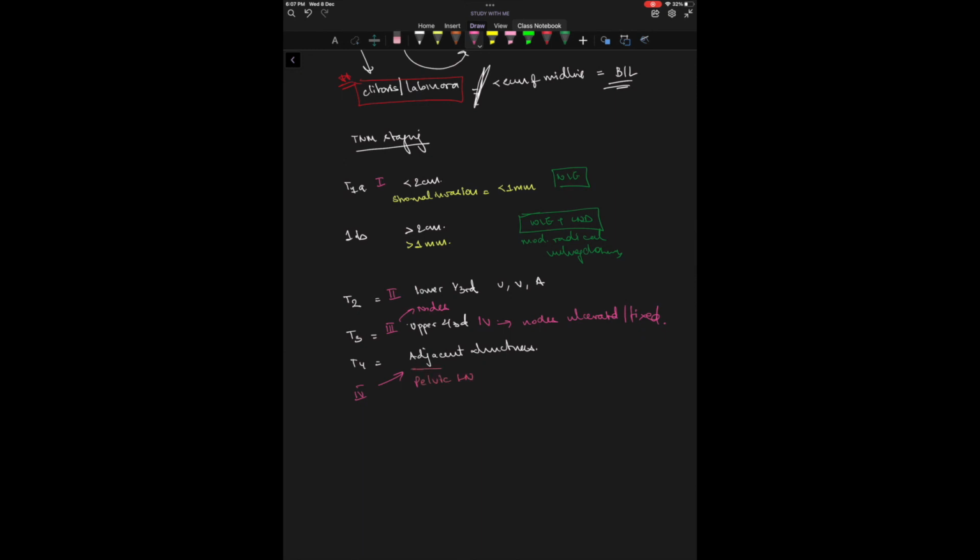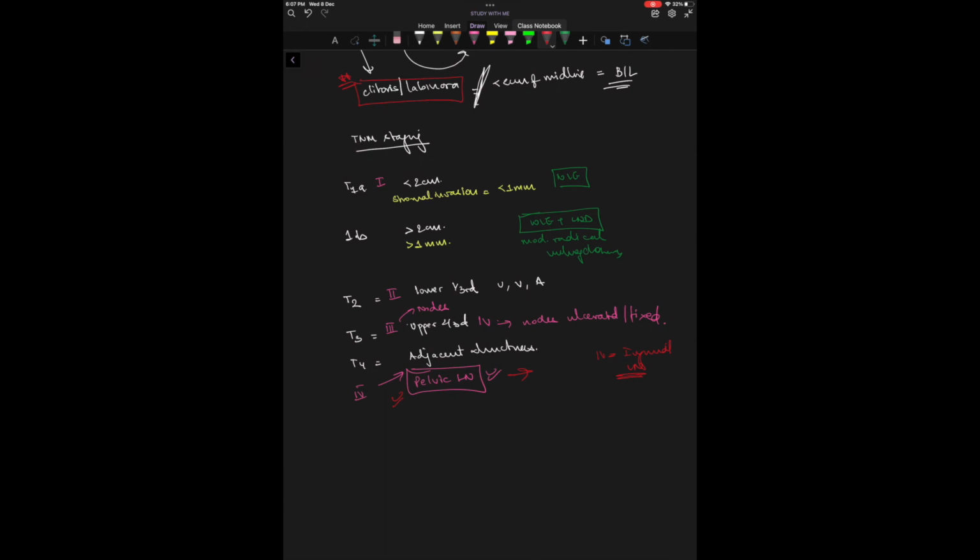This is also very different. In all other cancers, we have read stage 4 is inguinal lymph nodes, but here pelvic lymph nodes is stage 4. Okay.